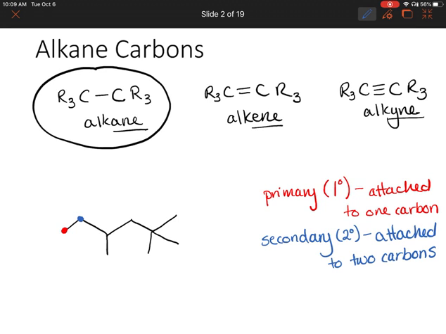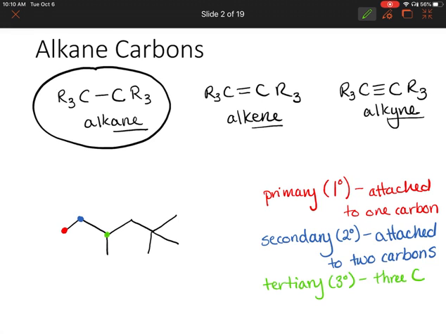All right, and then let's look at the carbon next to that in green. That carbon is bonded to 3 carbons and 1 hydrogen. So we would call this a tertiary carbon. So I'm just going to write 3C here just to save space. So that carbon's bonded to 3 carbons.